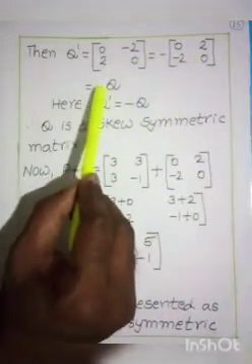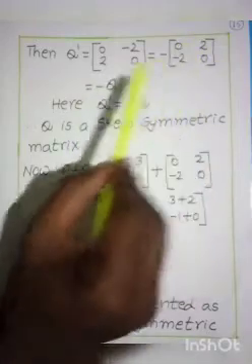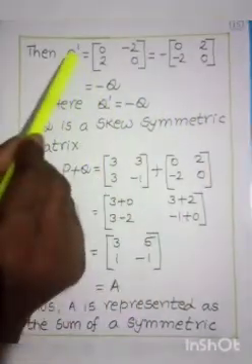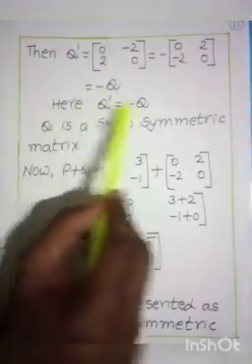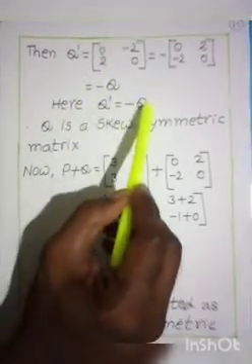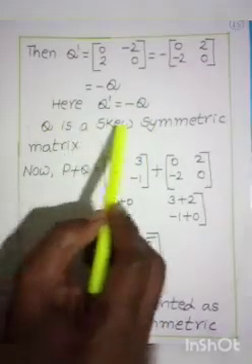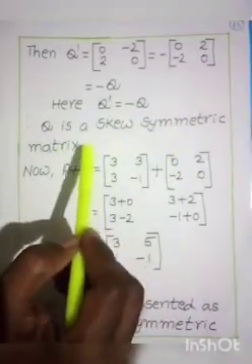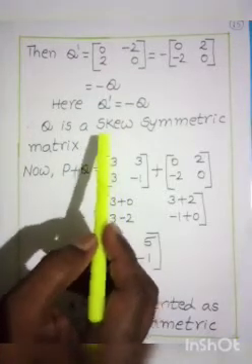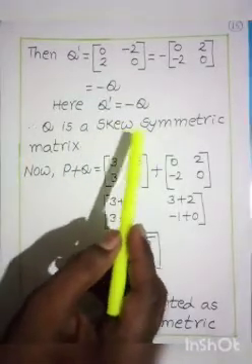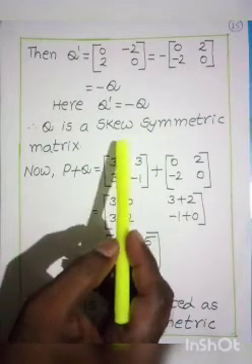That is equal to minus, this is nothing but matrix Q. If we observe Q dash and minus Q, they are equal. Therefore, Q is a skew symmetric matrix. Do you remember the definition of a skew symmetric matrix? If A dash is equal to minus A, that matrix is said to be a skew symmetric matrix.